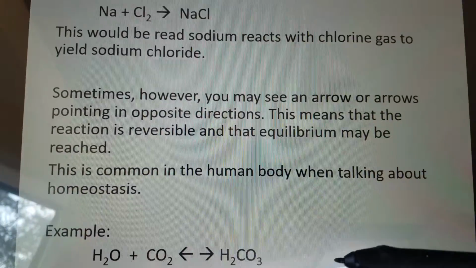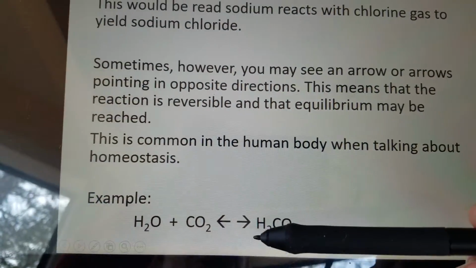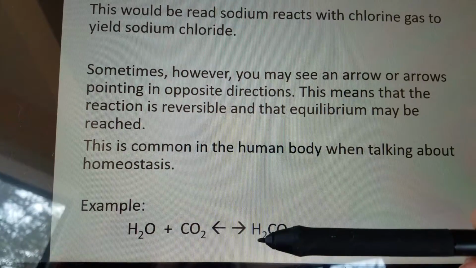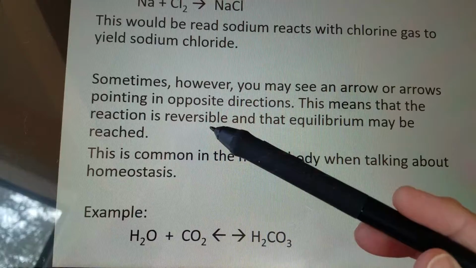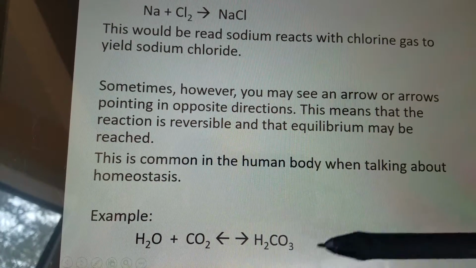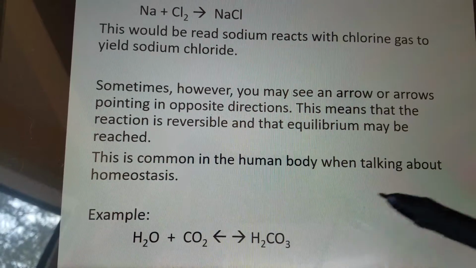Now, sometimes you will see arrows going both directions, like in this particular example down here at the bottom. This is a reaction that is reversible. Some of the reactions that you do are reversible. A lot of these that take place in the body are reversible because we have to keep a balance, or what they call homeostasis in the body.